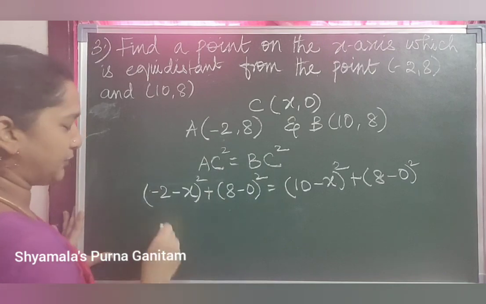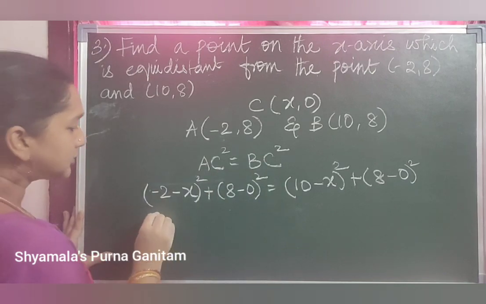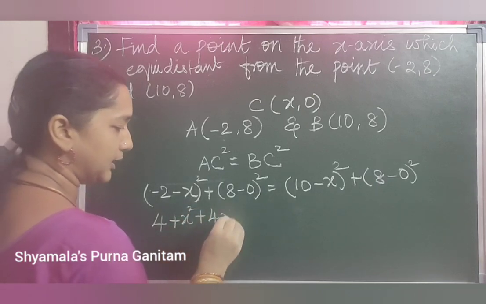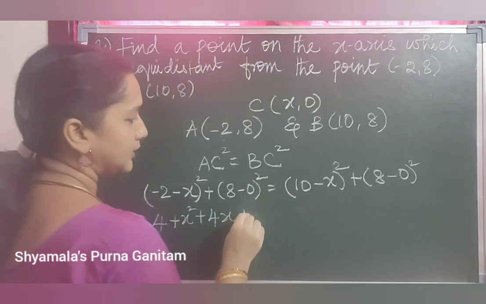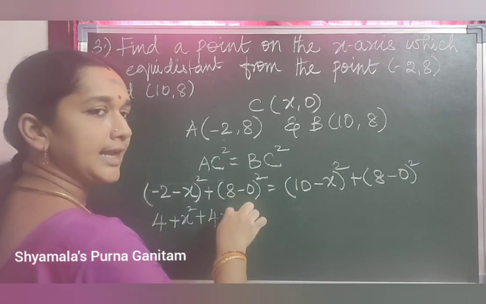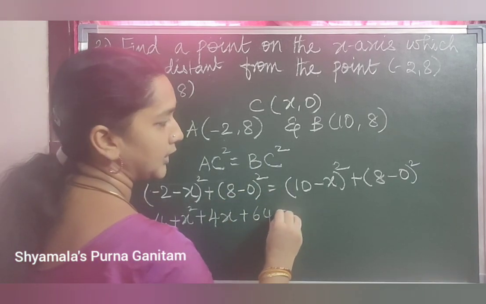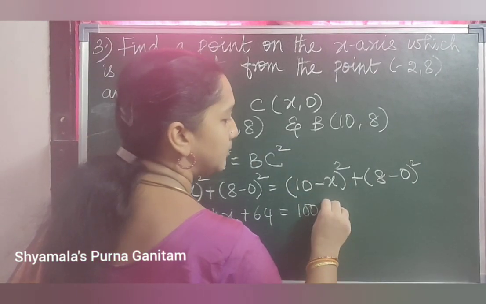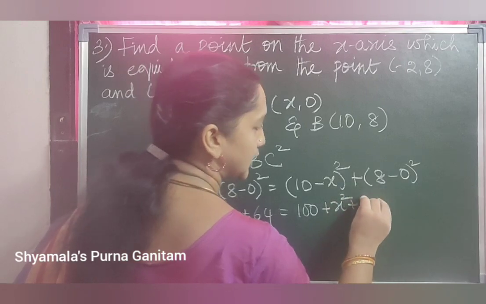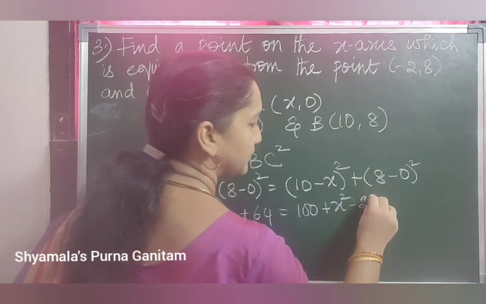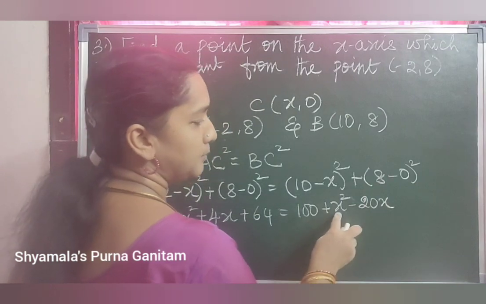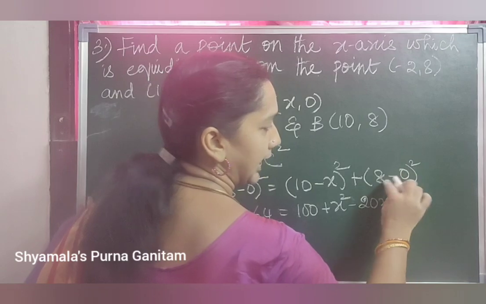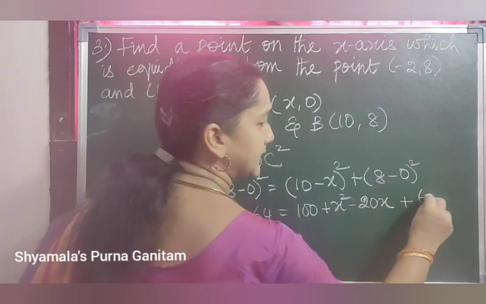Okay, now we will simplify this. So, this one is a square plus b square plus 2ab. Then this one is 8 minus 0 is 8. 8 8s are 64, is equal to this one, a minus b the whole square, a square plus b square minus 2ab, plus 8 minus 0 is 8. 8 8s are 64.